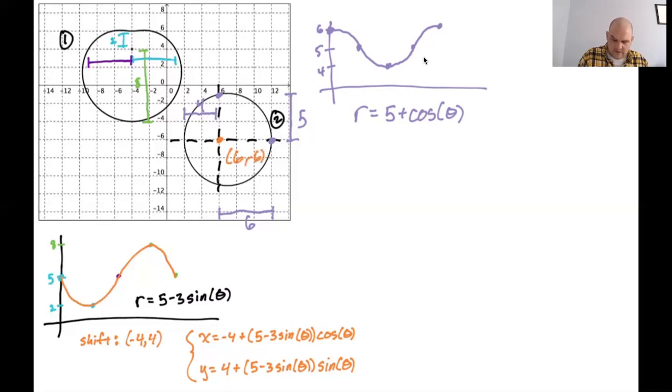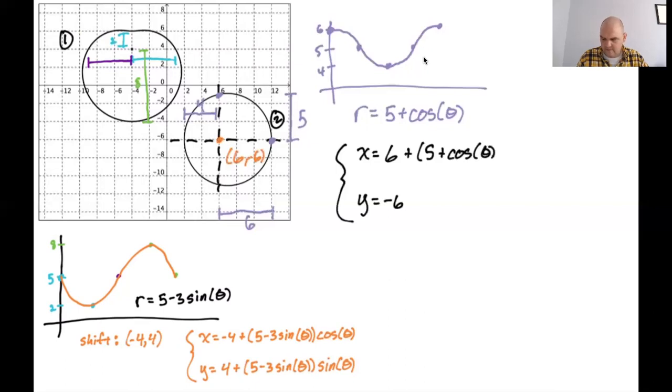So let's write some equations. x equals, y equals, all right, so 6, negative 6, 6 here, negative 6 here, and then, okay, so plus the quantity 5 plus cosine theta, and then plus 5 plus cosine.